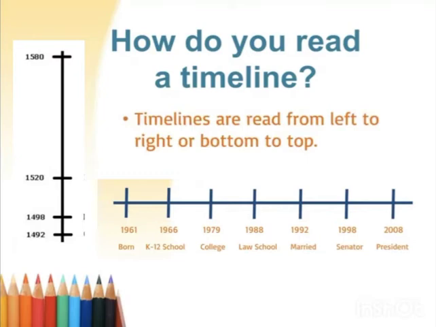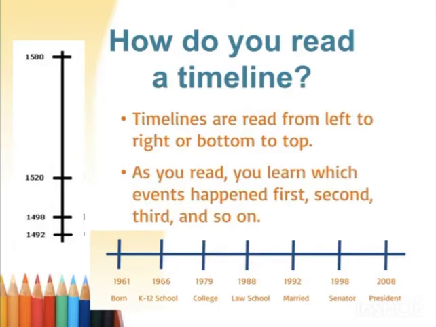Then the timeline below, it starts from 1961 and it ends in 2008. So this is read from left to right. As you read, you learn which events happened first, second, third, and so on.